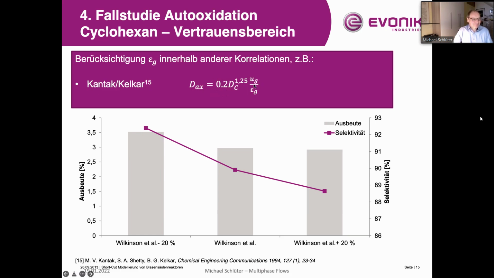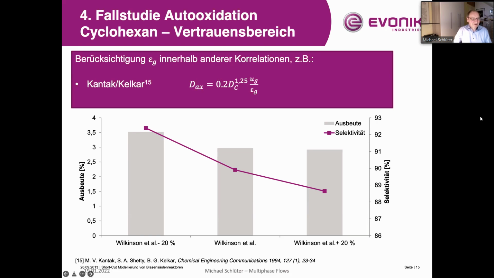But it's difficult. You need to know the superficial gas velocity, the gas holdup, and here you need this DC, which is a coefficient that gives you this axial dispersion coefficient that has to be estimated. And you see, of course it's difficult to estimate this axial dispersion, and even this parameter changes the yield from 3.5 to 1.5 or 1.